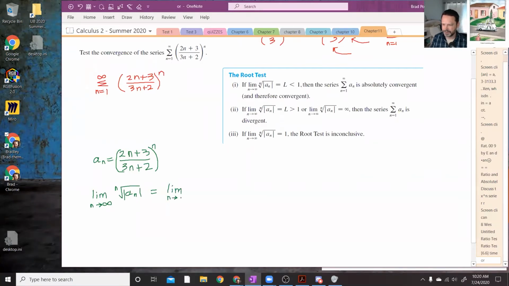And we're just going to use that formula there. The nth root of the absolute value of all this is just going to cancel out with that n in the exponent, and we get the limit as n approaches infinity of (2n plus 3) over (3n plus 2), which is child's play. It's 2/3.